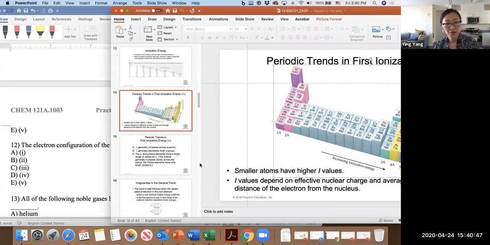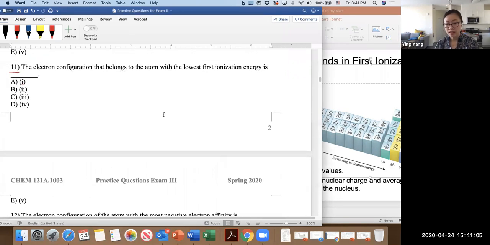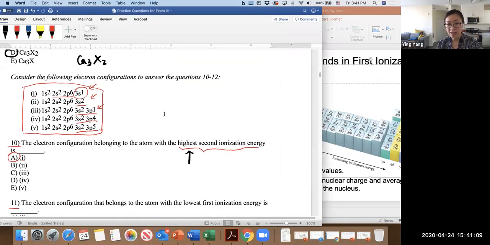I'm not going to pull out the table again. Let's see how you can solve this question from logical thinking. Most negative electron affinity, I have to go to the furthest right of the periodic table, and the halogen group would have the highest electron affinity.